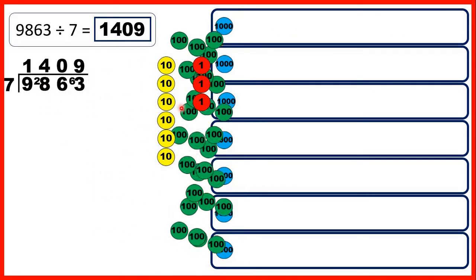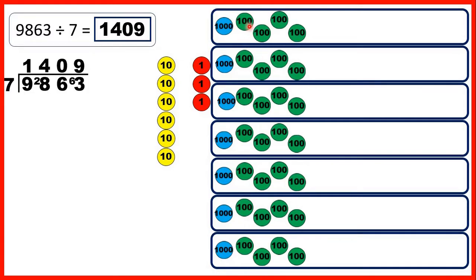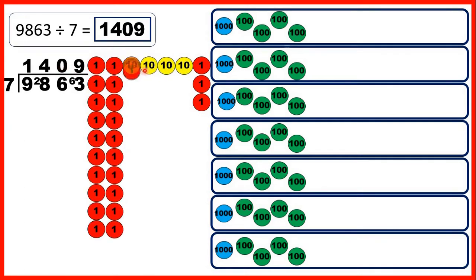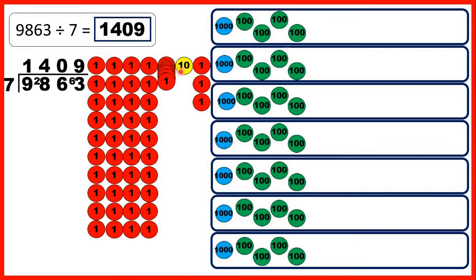We can share out all 28 of these hundreds because 4 times 7 is 28, so that's why we wrote 4 as the hundreds digit of our answer. But now we have 6 tens. We can't share out 6 tens because we have 7 groups. So we have 0 tens in our answer, but we can exchange these 6 tens for 60 more ones.